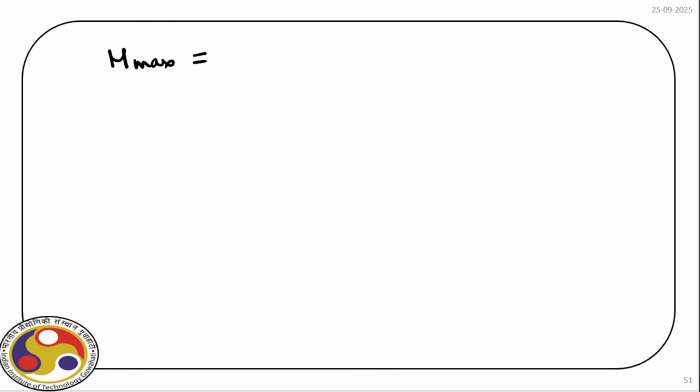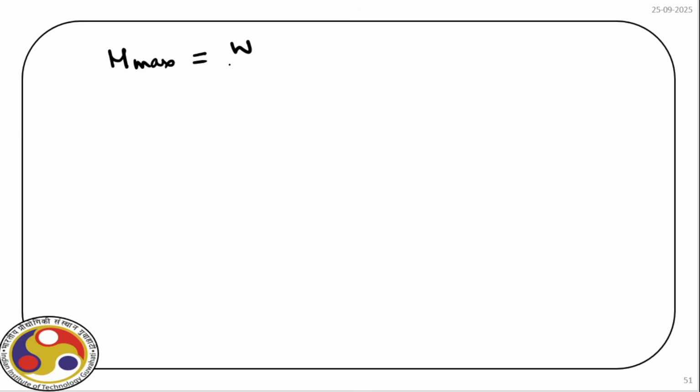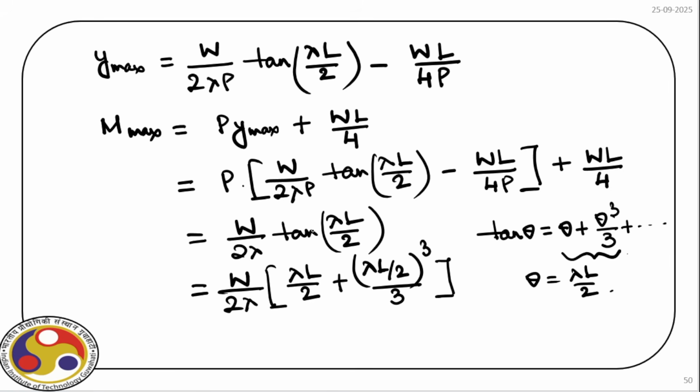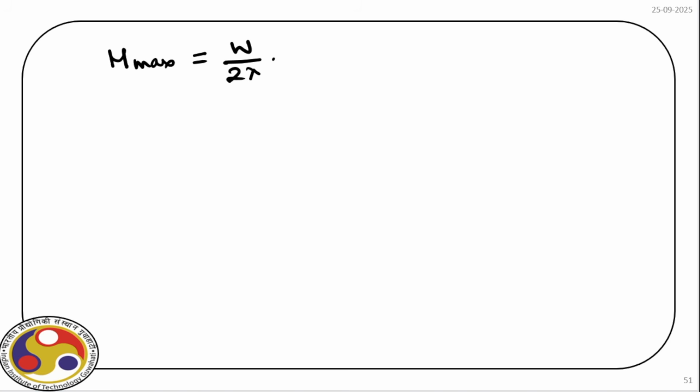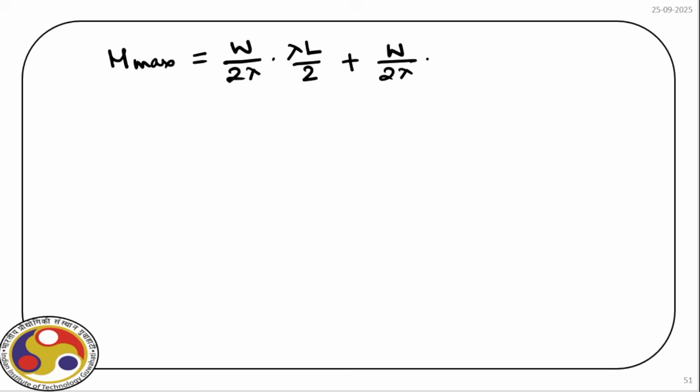So M max is equal to the first term, which is W by twice lambda times, if we open the bracket, first term is lambda L by 2. So we have lambda L by 2 plus W by twice lambda times the second term, which is lambda L by 2 whole cube divided by 3, right?